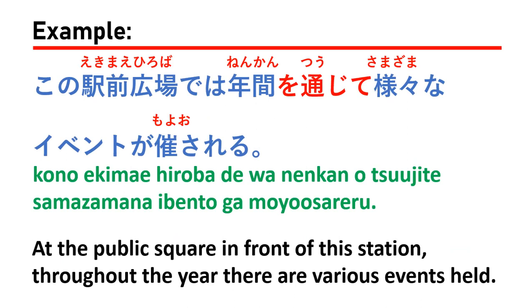In this sentence, now in here they use 年間. 年間 means one year, right? Year. 駅前広場 means in front of the station, maybe the public square near the station, and there they hold many events every year.